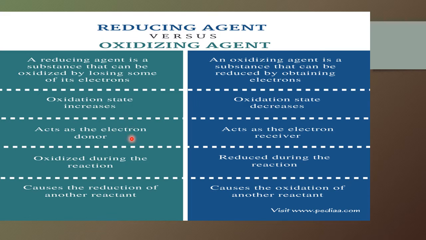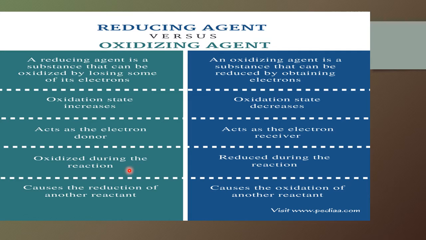Reducing agents are the electron donors, because they are going through oxidation, they are giving the electrons to the other chemical species, and the oxidizing agents are the electron receivers, they are gaining the electrons.